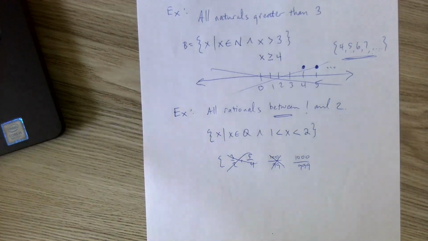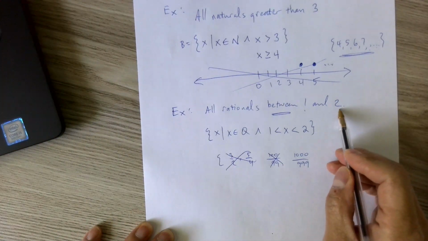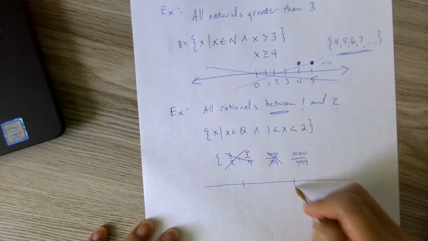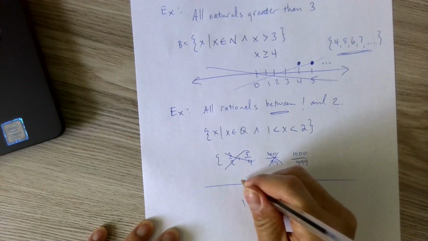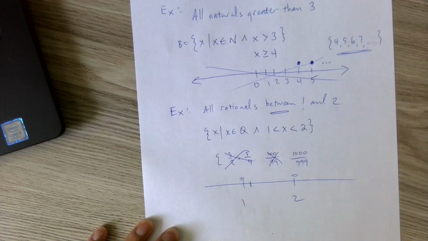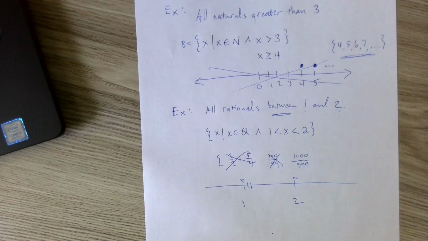So there's no starting point near 1. And there's no starting point, there's no highest number close to 2, because I can keep picking numbers closer and closer and closer to 2. If I show you the graph, it's pretty clear. So if I pick this number, well, you could just come back and pick a number that's closer, right?